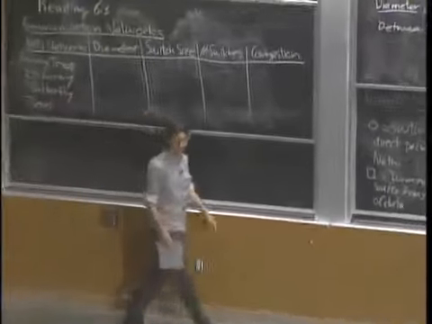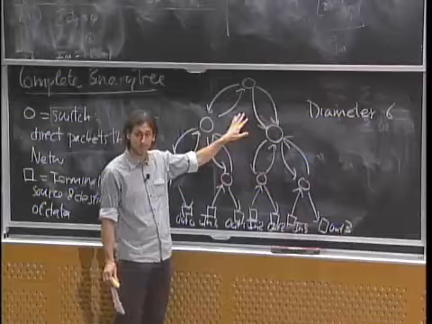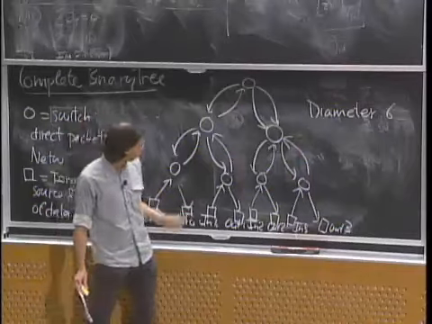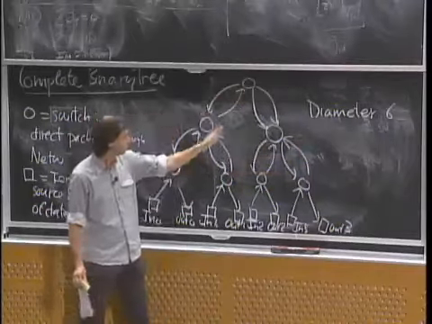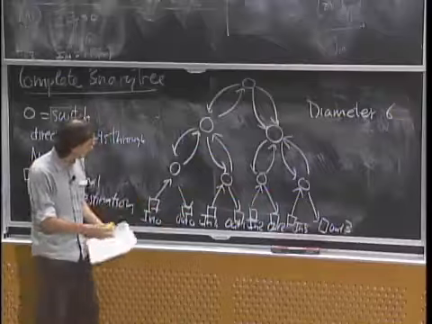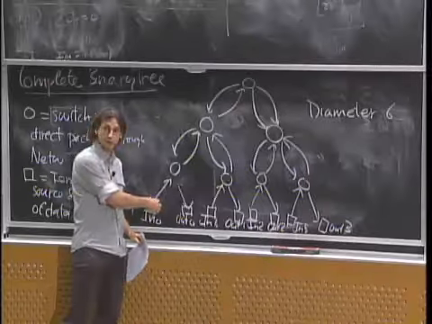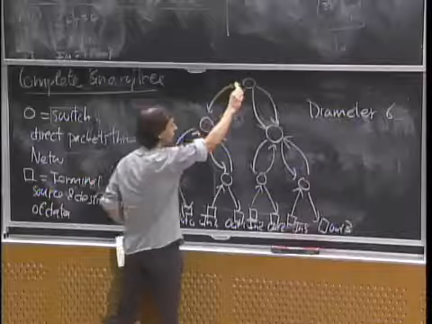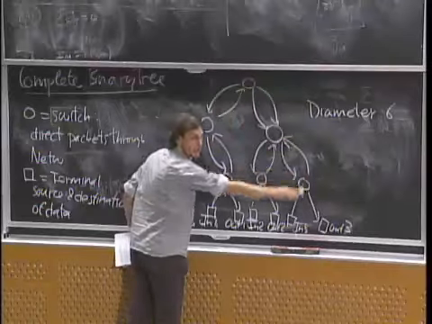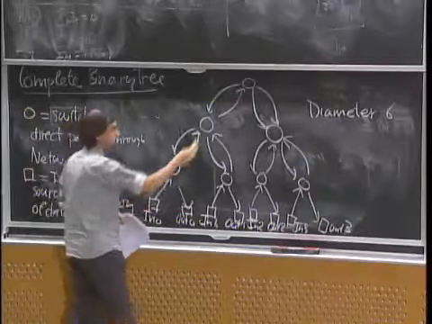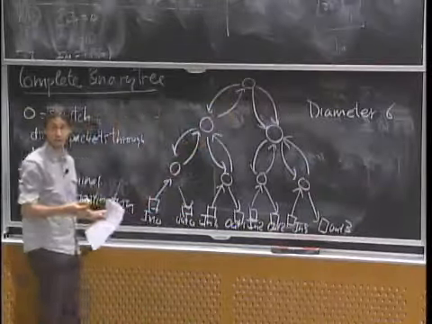So if you generalize this for any size binary tree, say an n times n network, what's the diameter of such a general network? Well, if we have n inputs and n outputs, we have to go all the way up towards the root and all the way down. So we actually count the length of a leaf to the root twice.